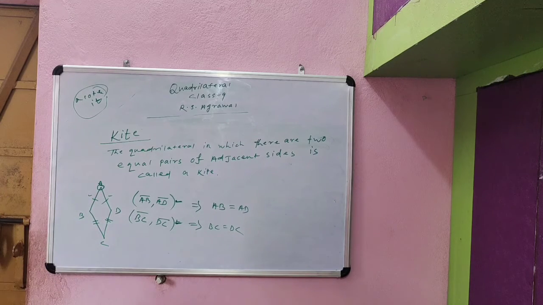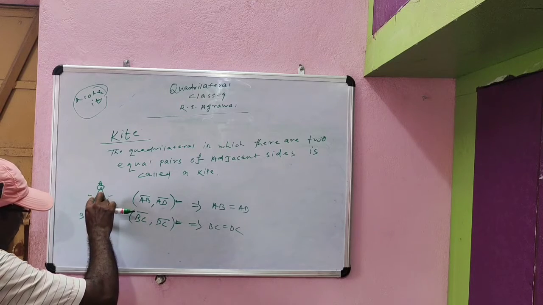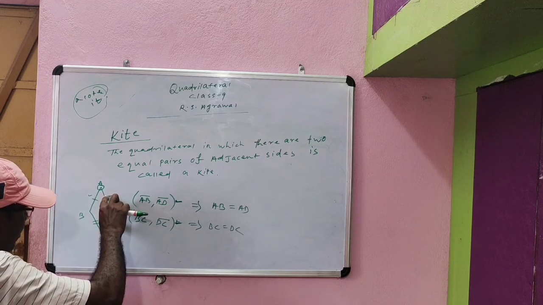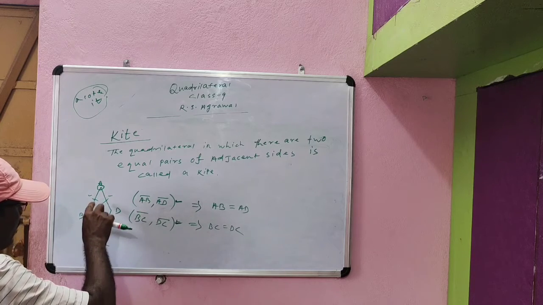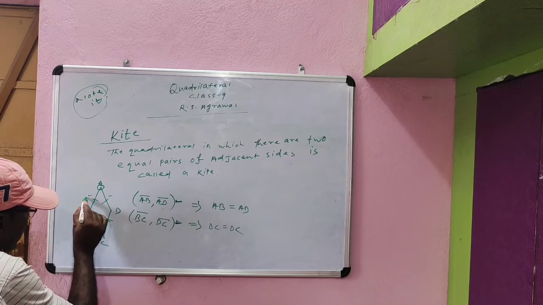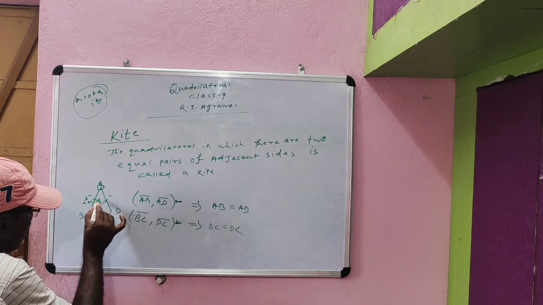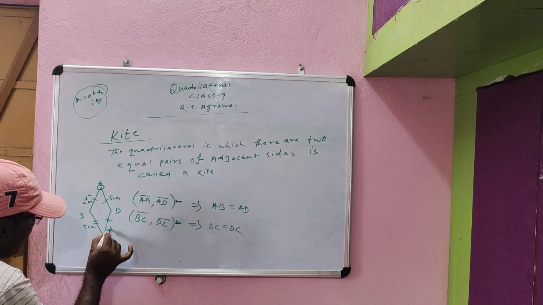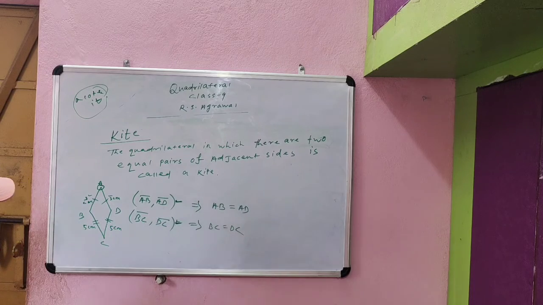Here we see that this pair is also equal to this pair. Suppose this side is 3 cm, this side is 3 cm, this side is 5 cm, this side is 5 cm. So what do you see?